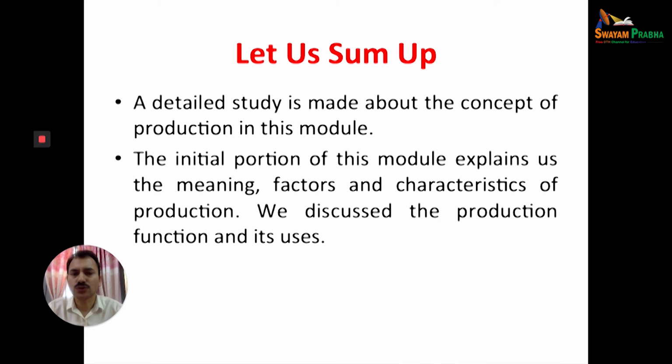In the initial portion of this module, we have explained the meaning, factors and characteristics of production. We have also discussed the production function and its uses. Production function is the relationship between input and output, more precisely the technical relationship between input and output. When input changes, output will also change.